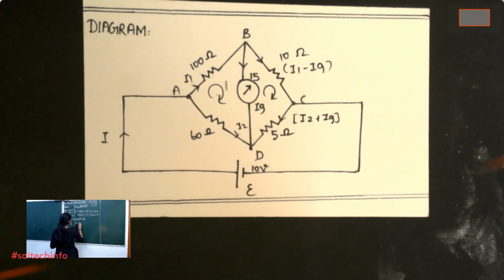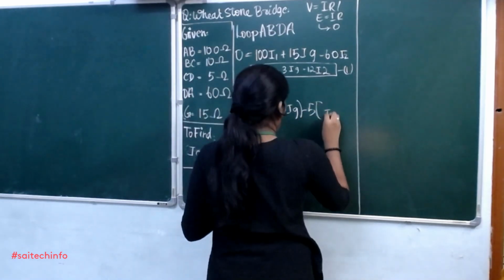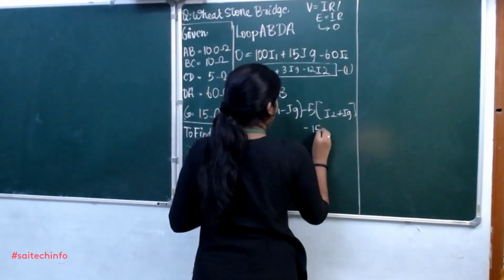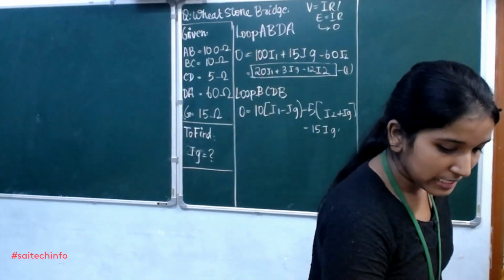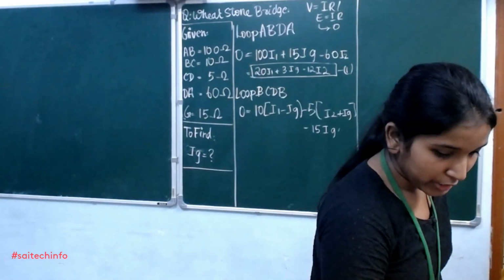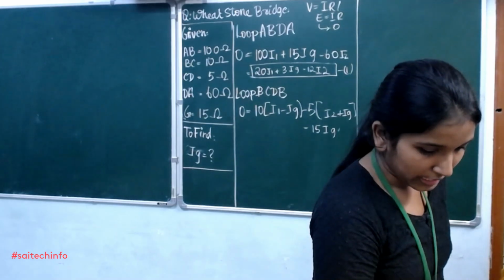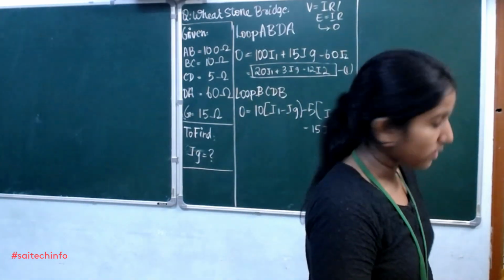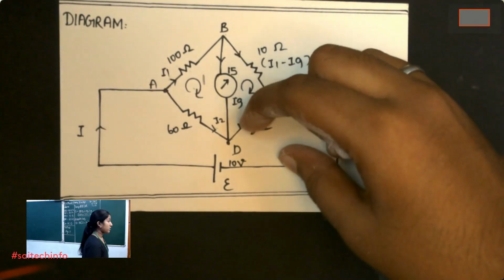So we will be getting 10 into I1 minus IG, minus 5 into I2 plus IG, minus 15 IG. So from B, C, D and B, 10 into I1 minus IG. From C to D is I2 plus IG into 5. It is the opposite direction, so minus, and here minus 15 IG.